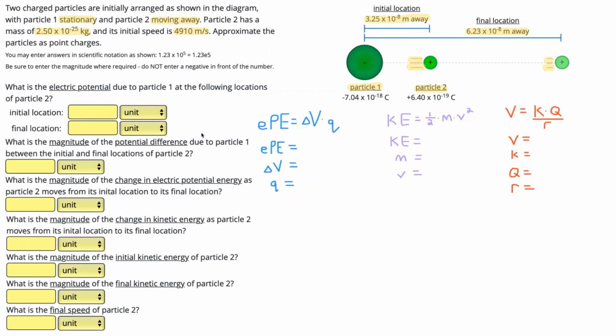So starting out, we're going to be finding the electric potential energy change as our particle moves from the initial to the final location. To do that, we're going to need to find the electric potential at both locations this time, not just one. Usually one of the locations has 0 volts as the potential. This time we have electric potential at both locations.